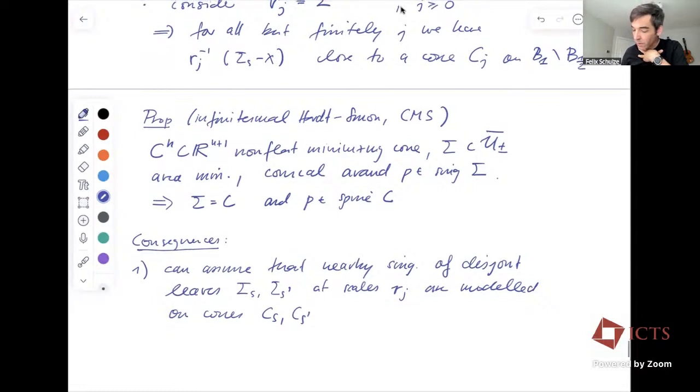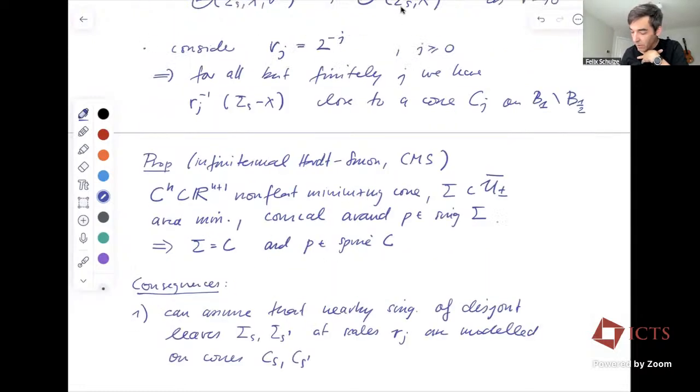Okay, so what does this statement say? This statement here says, if we use compactness, they're actually modeled on the same cone.